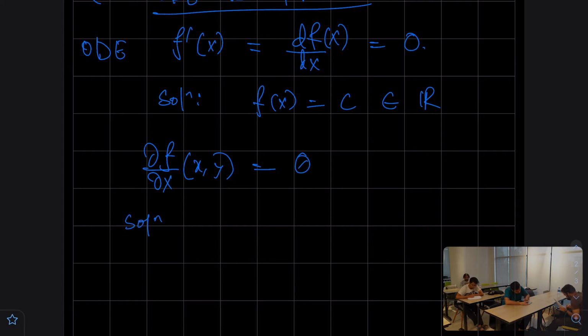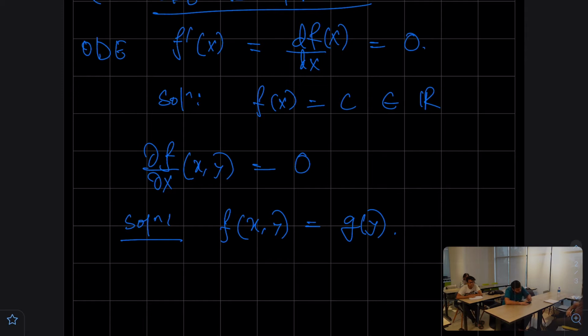The most general solution is actually something which is not a function of x. This is a function of y. In the ODE case, there is only one variable.